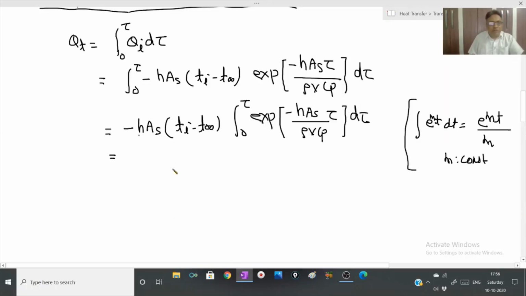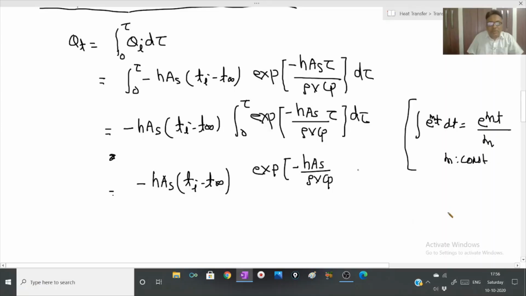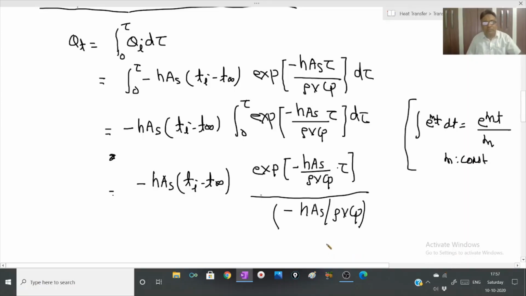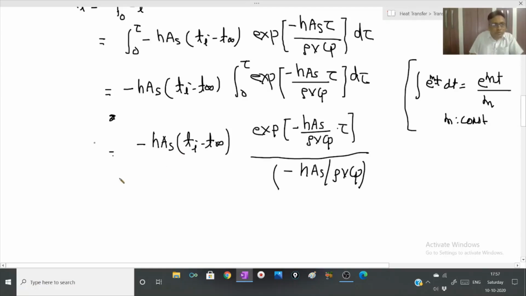So from this integration formula, I can write this as minus hAs Ti minus T infinity, and this will give me e to power minus hAs over rho VCp into tau over minus hAs over rho VCp. So this is nothing but Q suffix T.